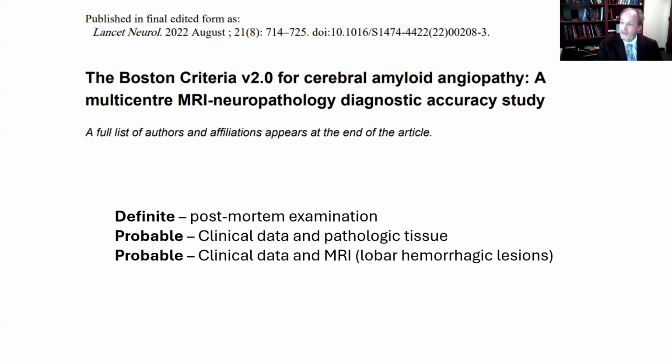Probably not comforting to the patients, but with clinical data, with pathologic tissue and/or MRI scan, you can only get to probable. So the major shortfall of the clinical criteria is, again, a step down in sensitivity and the possibility that you will run into cerebral amyloid angiopathy cases, irrespective of genotype, irrespective of imaging findings. So just something to keep in mind.